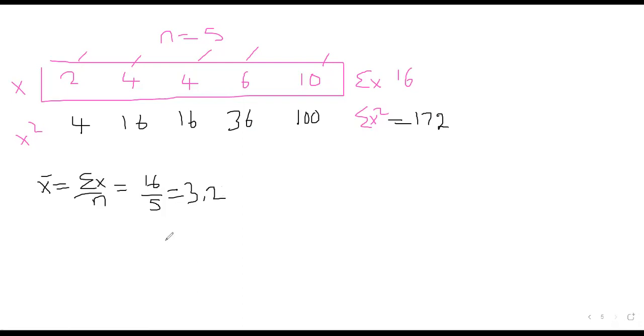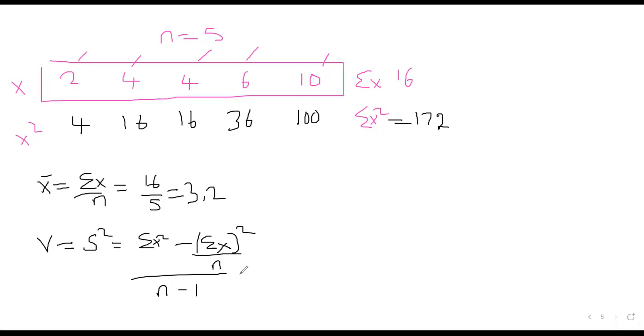Then who can help us find the variance? Summation of x squared minus summation of x to the power 2 over n, everything over n minus 1. So if we substitute the figures there, we're going to have 172 minus 16 squared over 5, everything divided by 5 minus 1.